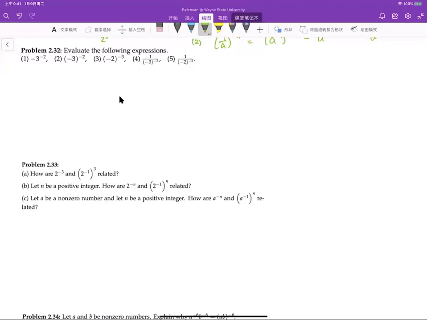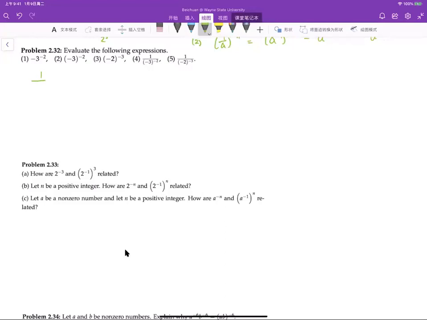The first one is negative 3 to the power of negative 2. You can turn it to 1 over negative 3 to the power of 2.